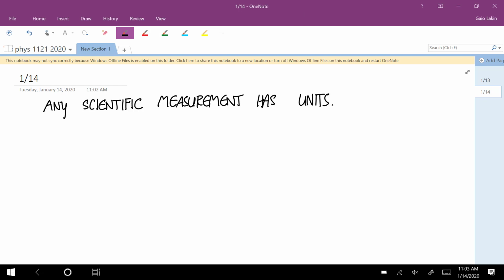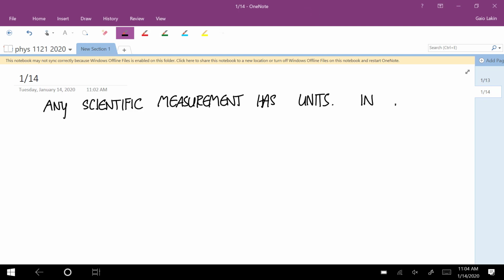All units that we use in this class can be made up of a combination of 3 simple unit types. When you get into physics 2, there'll be other ones. Charge is one. When you get into atomic stuff, there's some other one.